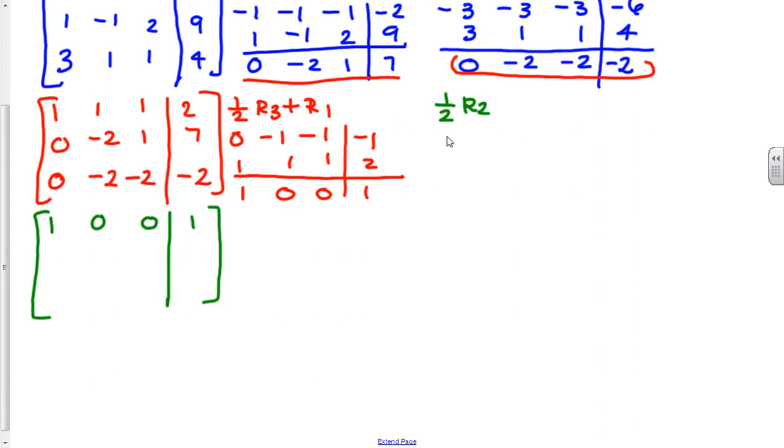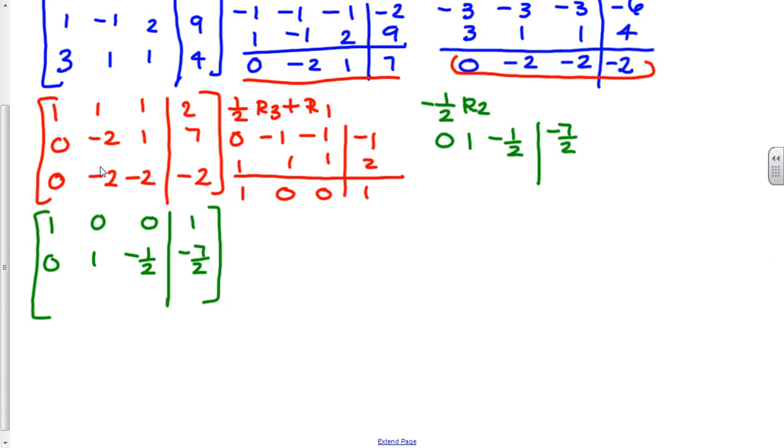So half of row 2 will give me 0, sorry, negative half, 1, negative 1 half, and negative 7 halves. That's my new row 2. I just took half of everything. Again, don't worry about the fraction, it will go away.